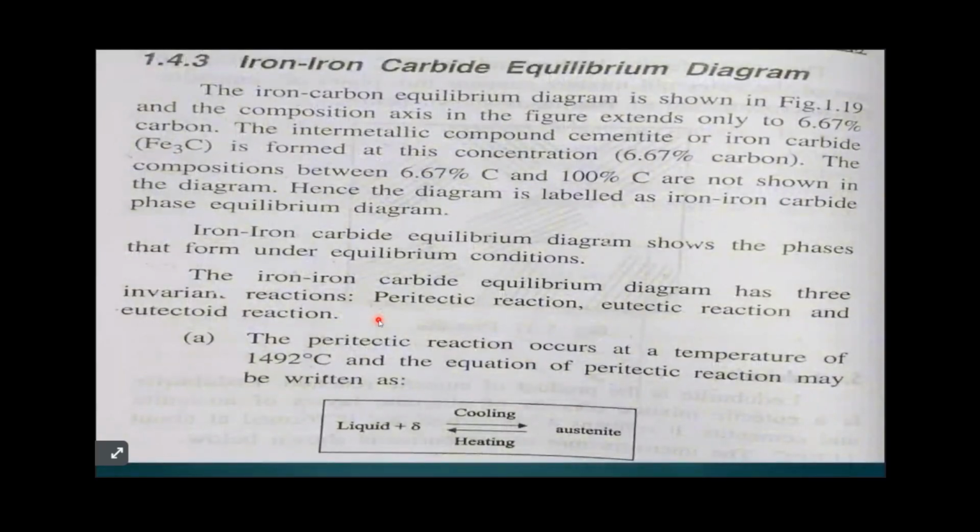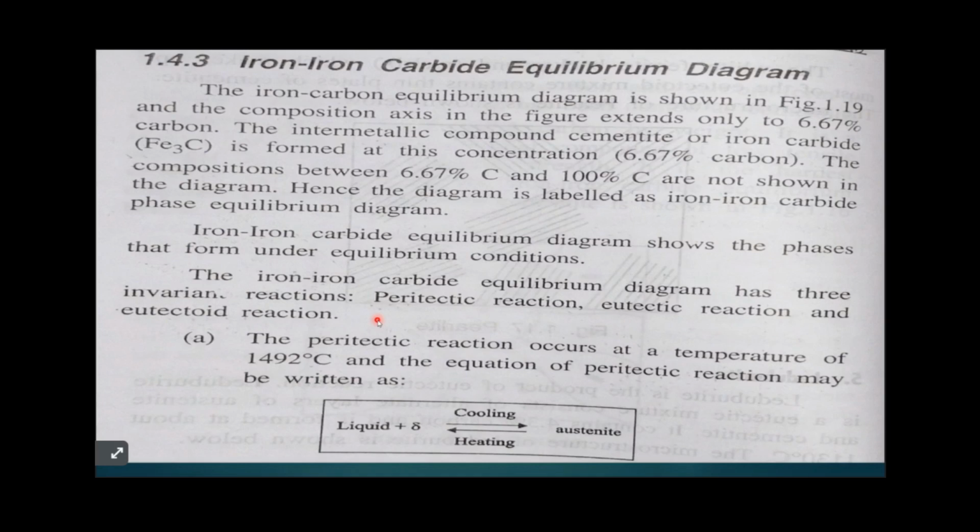So far we have studied about the different types of steels and different types of cast irons through the iron carbon equilibrium diagram, and also different types of reactions, that is eutectic reaction, peritectic reaction, eutectoid reactions. Finally, we have studied about the different types of structures of steel and cast iron from the iron carbon equilibrium diagram.